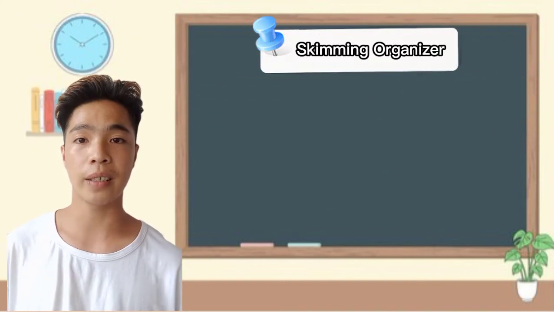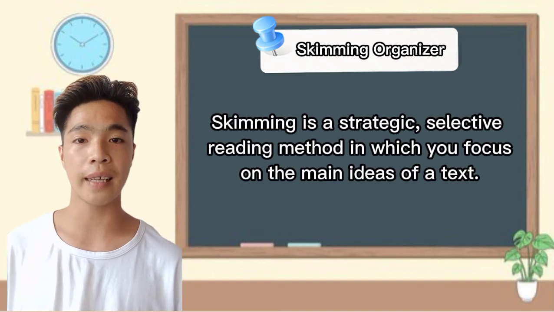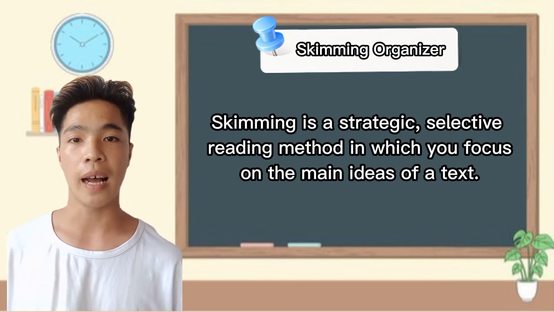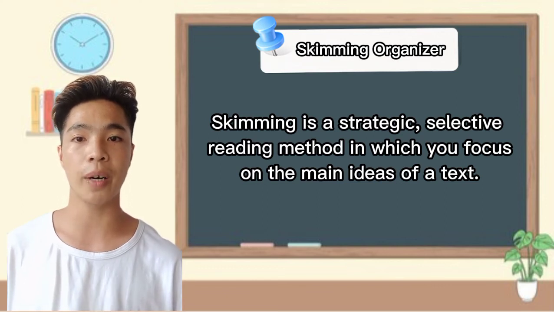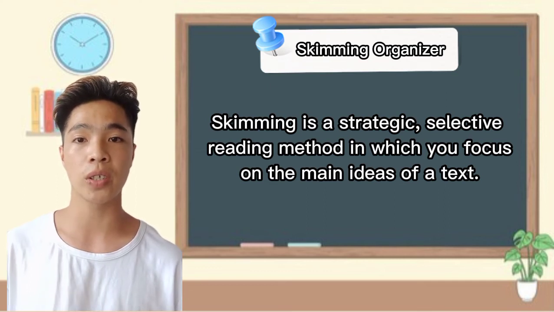And the next one is the skimming. Skimming is a strategic selective reading method in which you focus on the main ideas of a text. And in skimming, you will be highlighting the main idea of the topic. For example, a teacher may ask students, over a reading, to focus on highlighted information such as captions or chapter headings.